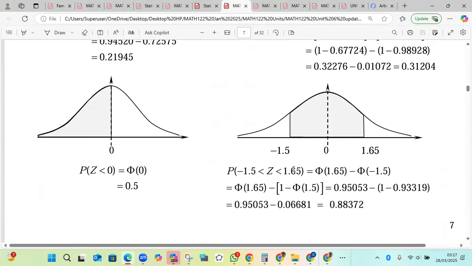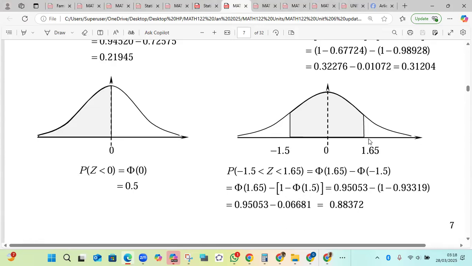To find phi of negative 1.5, which is a tail. And anytime you want to use this table to find a tail, you've got to find a big chunk, which is phi of the positive value, and subtract it from 1. So phi of negative 1.5 is 1 minus phi of 1.5.